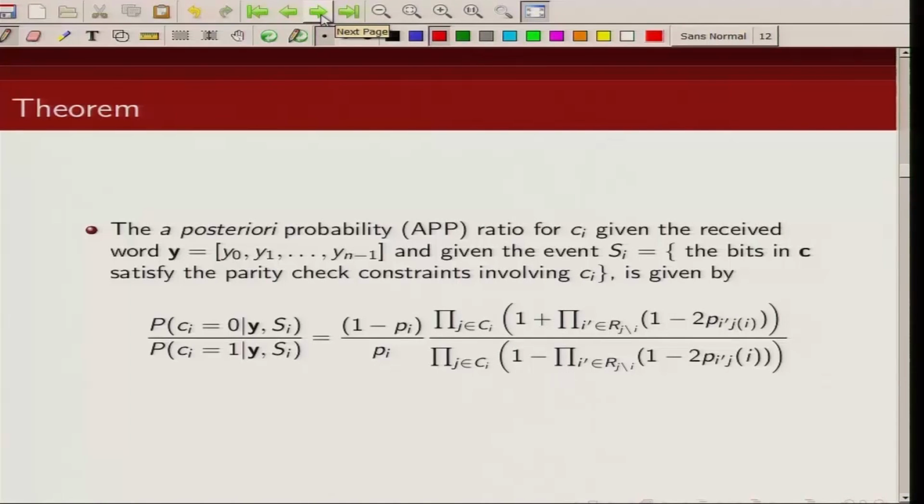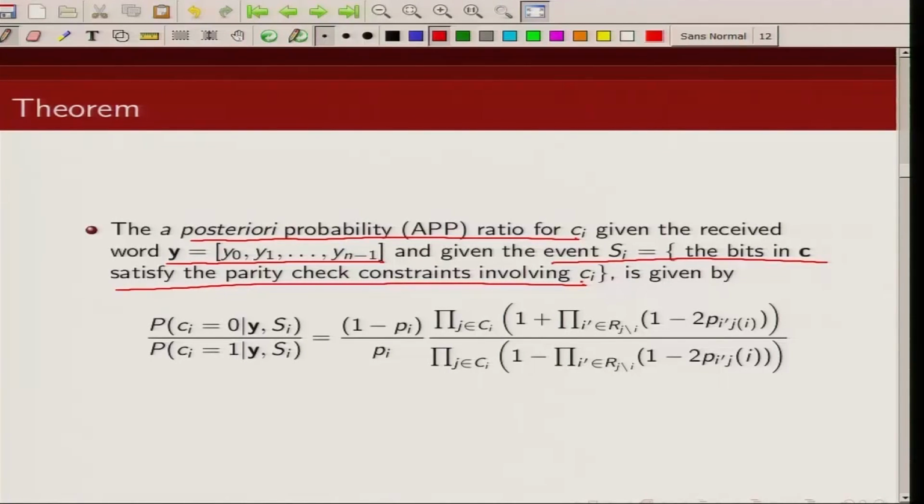So, then we can write down the expression for a posteriori probability of our code bit Ci given our received sequence Y and given that the parity check constraints containing Ci have been satisfied. So, what is the probability of Ci being 0 given a received sequence Y and given that the parity check constraint involving Ci has been satisfied?